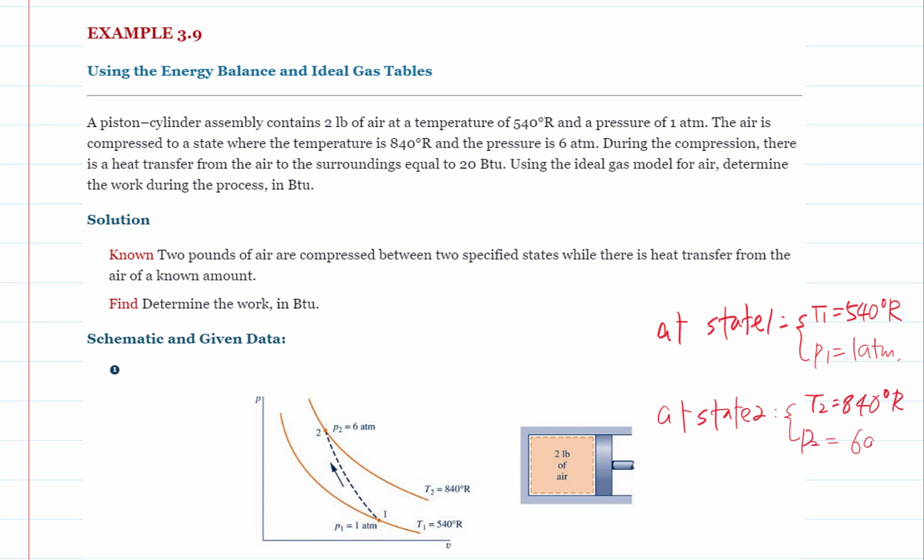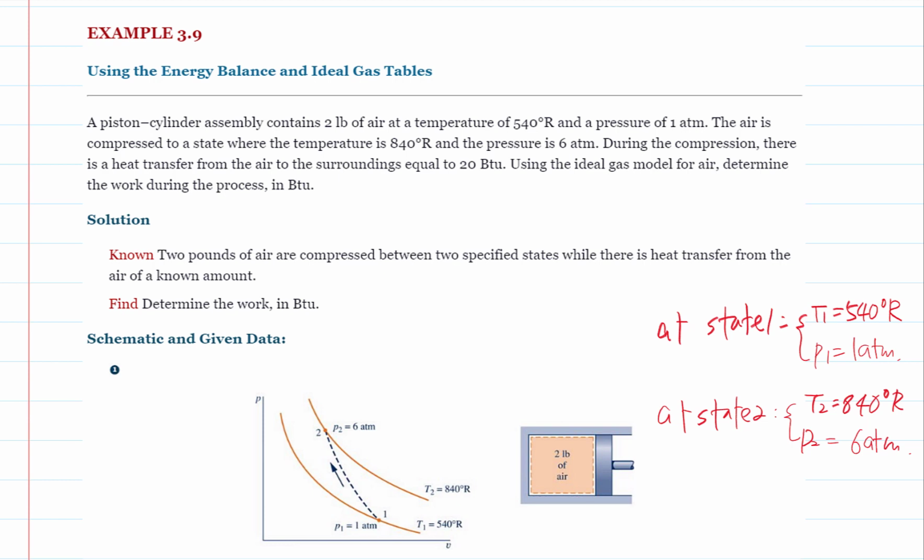Pressure is 6 atm. So any simple compressible system, two independent intensive properties fix the state. But we have an air which can be modeled as an ideal gas. So internal energy and enthalpy are only function of temperature.